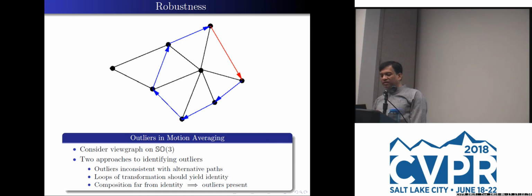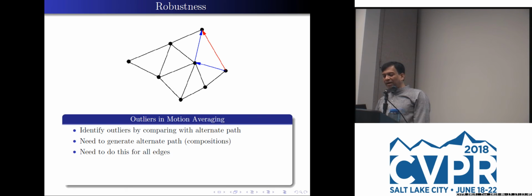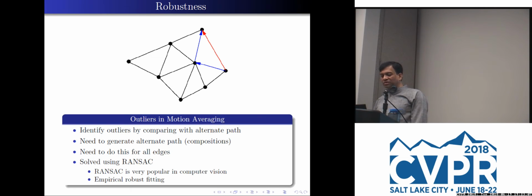So essentially, loops of transformations should yield identity, but they don't in the presence of outliers. And so now you need a way of using this to figure out which ones are outliers. So right at this point, we're in the realm of trying to identify outliers in a graph. You're given a set of edges in a graph, and you want to figure out which ones are outliers and which ones are not.